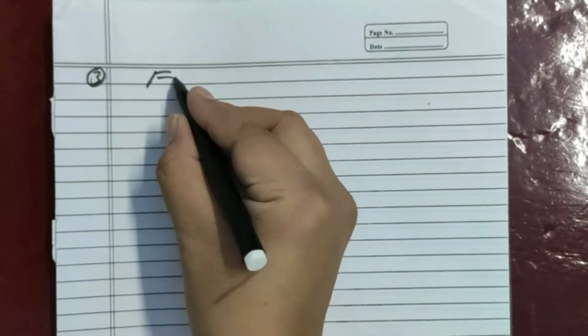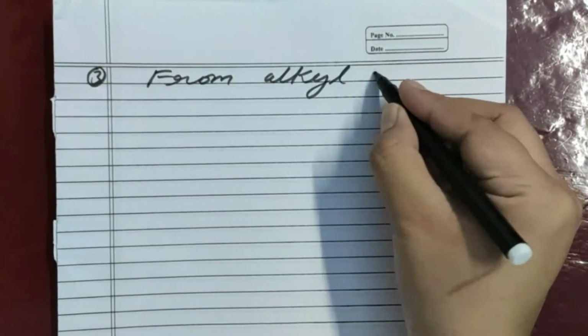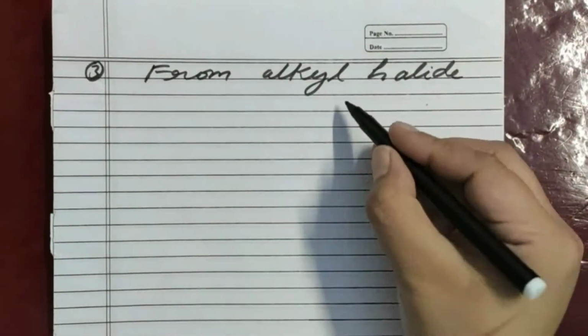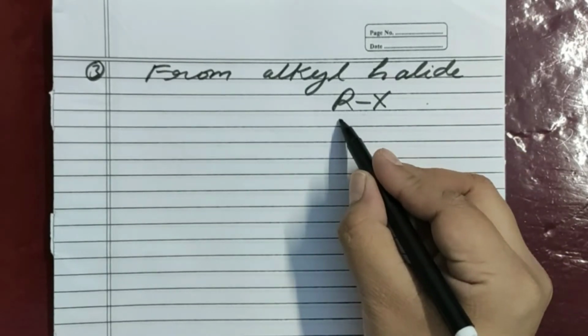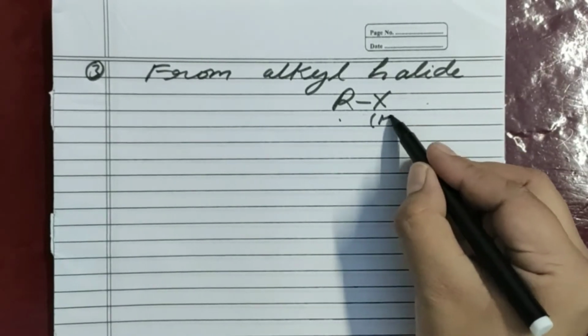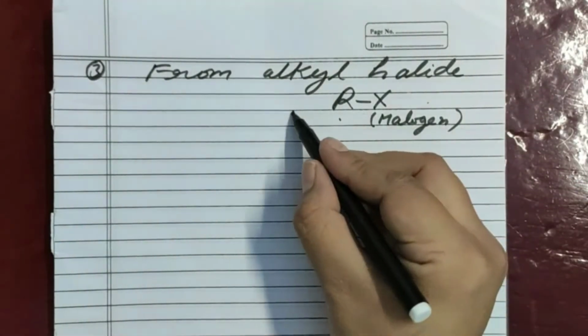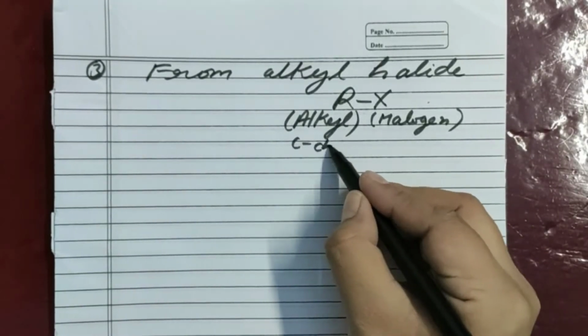Now covering the third method, that is preparation from alkyl halide. That is an RX variety of compound where R is alkyl chain, carbon chain, and X is halogen in the form of halide, and this is the alkyl group, that is carbon chain.